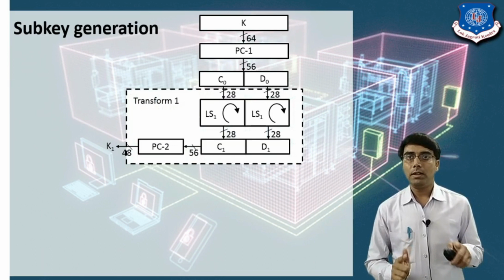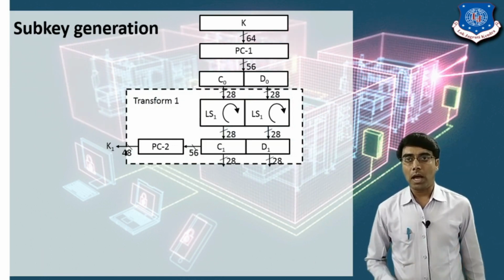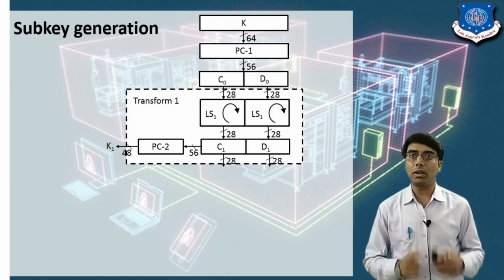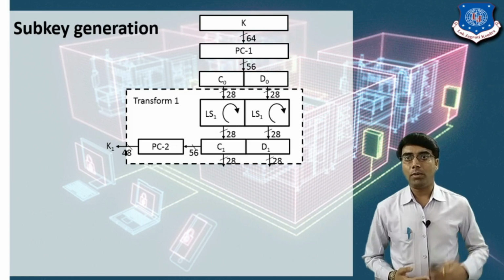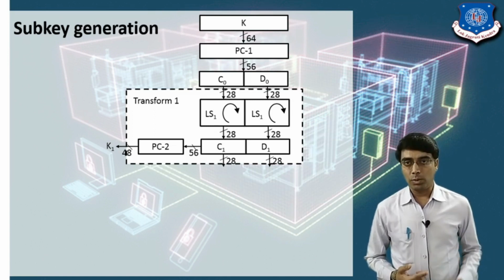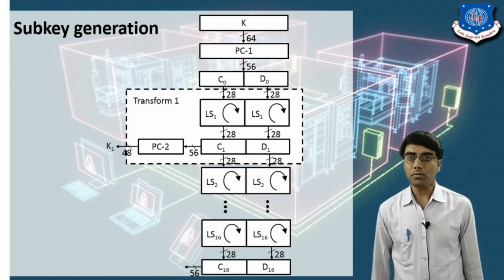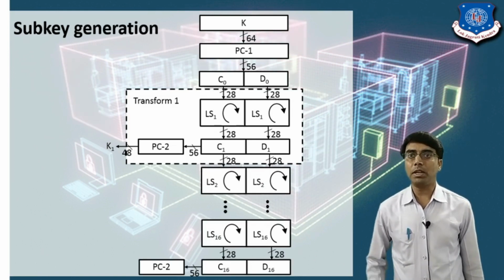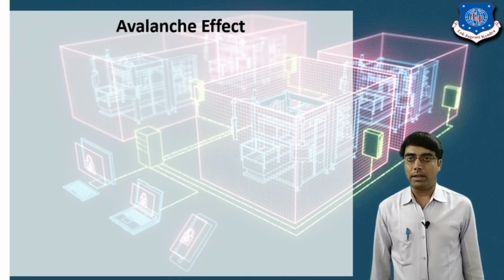So this key is generated for round 1. Now we will do the same process for generating the second subkey for round 2, round 3, up to round 16. So this is the subkey generation process. Okay, I hope this idea is clear.